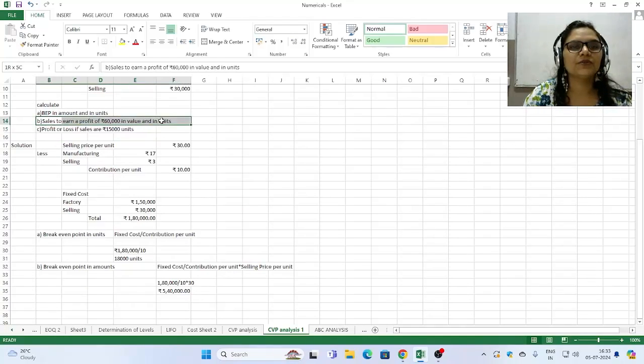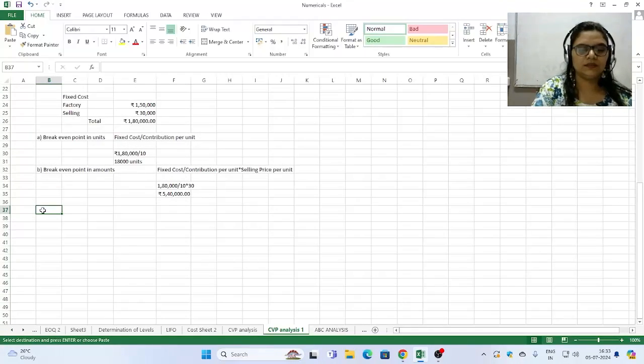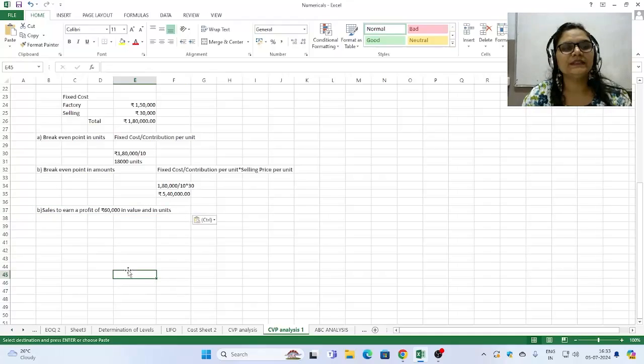Another thing which we have to calculate is sales to earn a profit of rupees 60,000 in units and in amount.